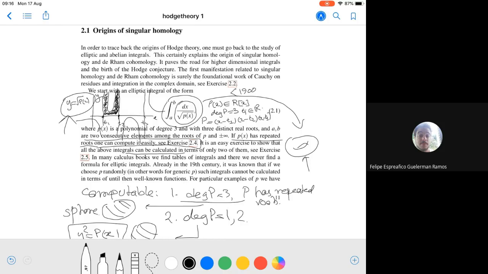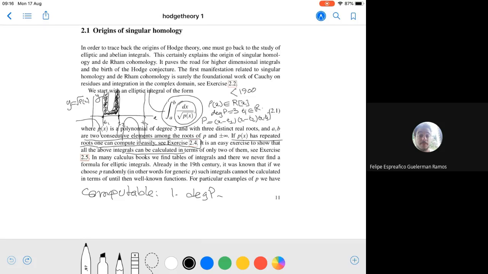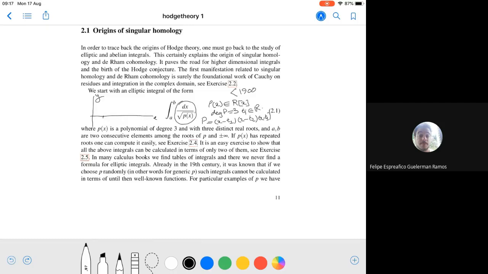First of all, I wrote my integral as a usual calculus integral in the real domain.